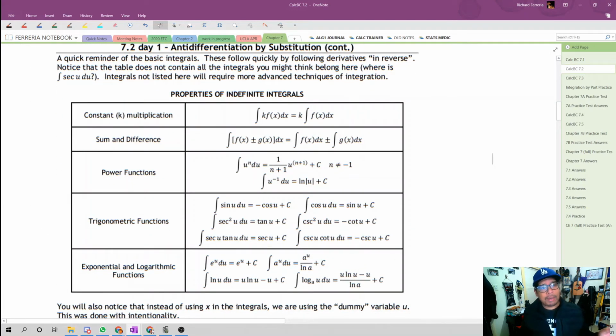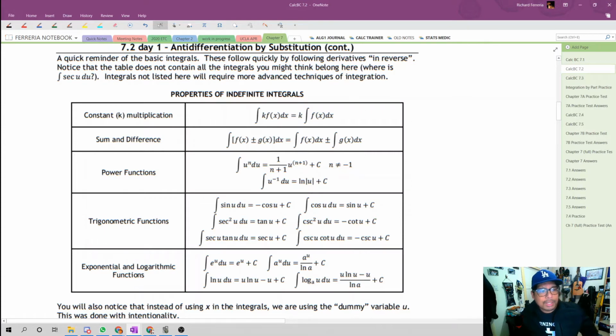Next, we have a reminder of the most basic integrals, including the constant multiplication of a function, the sum and difference of two functions, how we deal with power functions, how we deal with 1 over x or 1 over u, and how we deal with the most basic trig functions and the most basic logarithm functions.